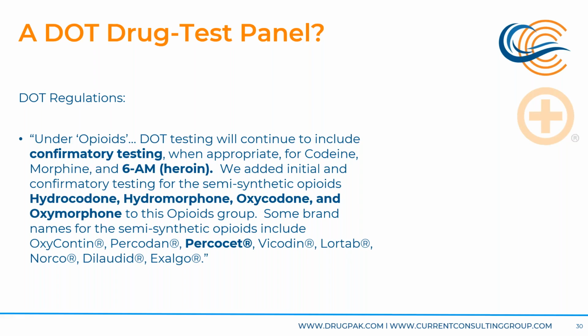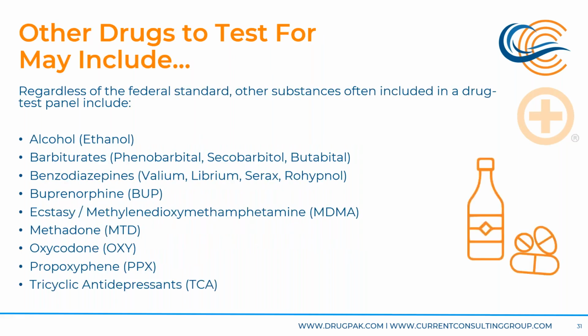You see all the brand names below that. And then lots of employers choose to test for barbiturates and benzodiazepines in particular, but there are other drugs as well that can be added to a drug test panel, so it can quickly become a 9 or 10 or 11, 12 panel test, meaning 12 drugs included in the drug test.